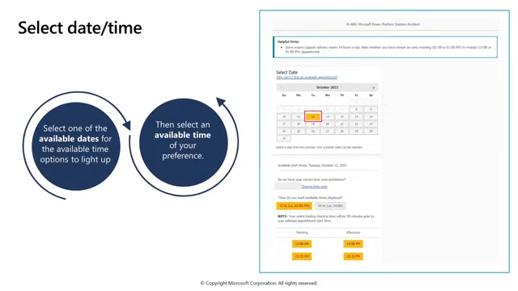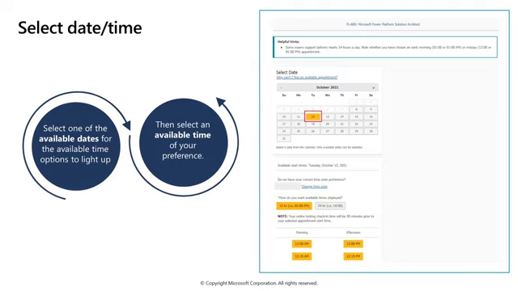The next page is where you select the dates. In the first part, you first select the date on the calendar, where you will see the available dates in the future.